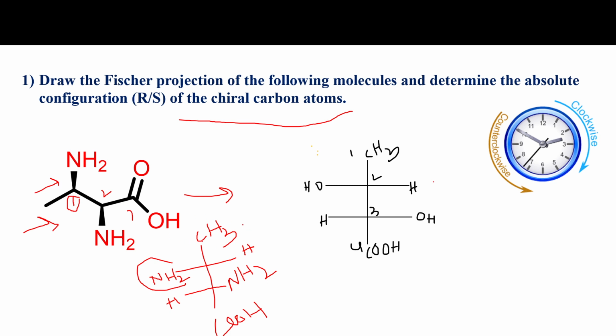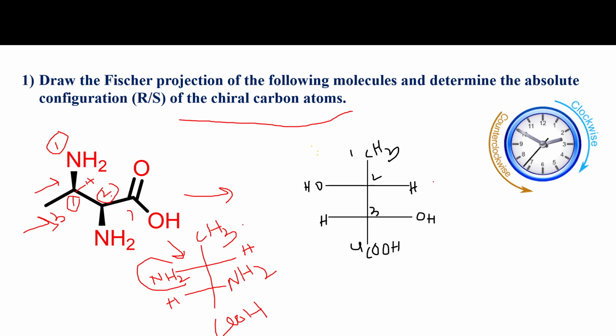Now from this Fischer projection, how can we identify whether what we are drawing is right or wrong? We can identify it by RS nomenclature. This will be the first priority carbon, this will be the second priority carbon, this will be the third, and your hydrogen will be below the plane, which is the fourth priority.